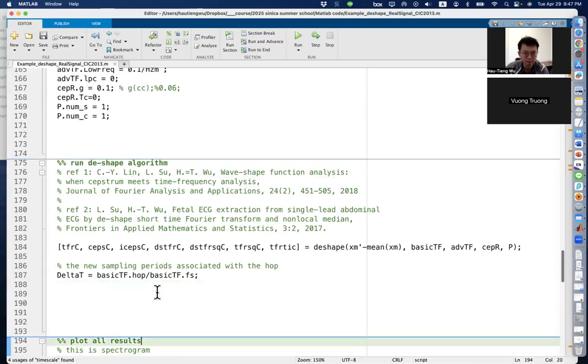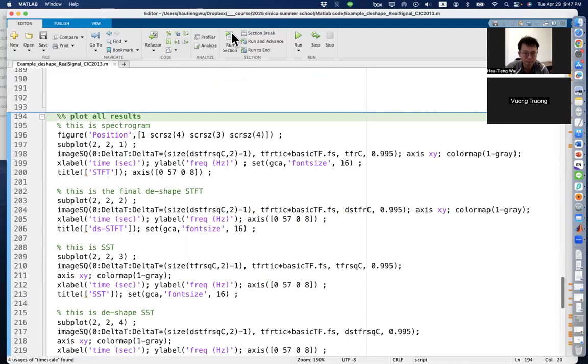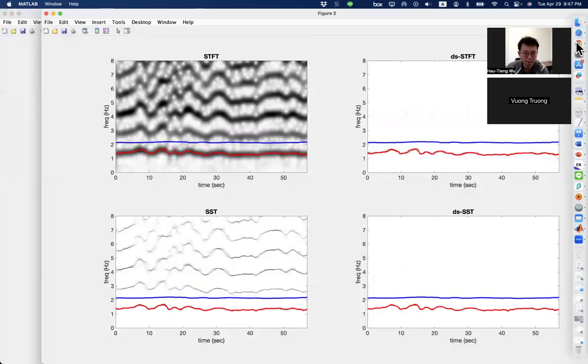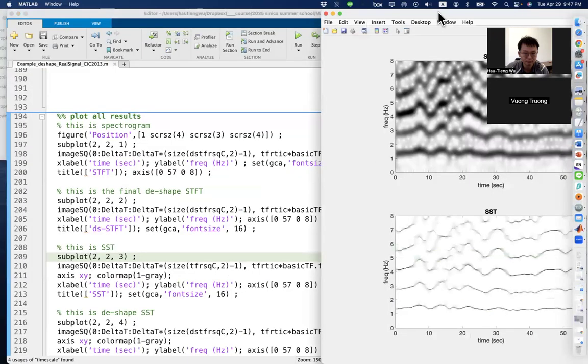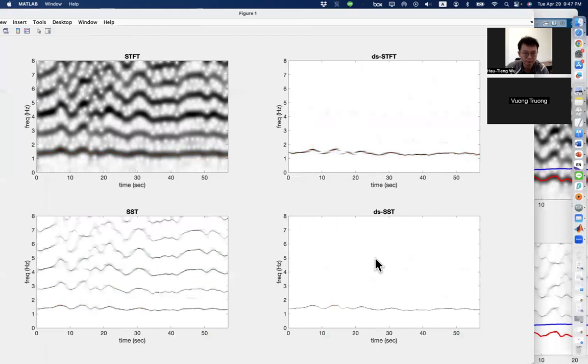Finally, let's observe the result and see what we get from the Dshape. Very good. So this is a plot. First, if you pay attention, you will see, oh, this is not too bad, isn't it? Short-time Fourier transform, synchrosqueezing, you see, one, two harmonics, right?